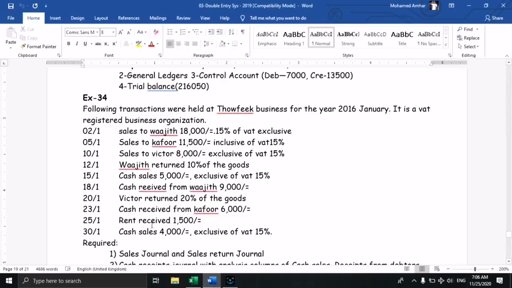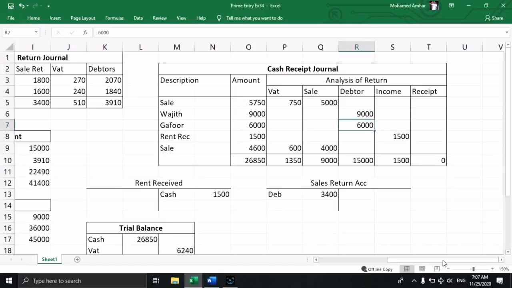Right. Next date is 25. Rent received 1,500. It should be recorded in the cash receipt journal as rent received. Amount is 1,500, and record that in the income column because that is an income. Right.